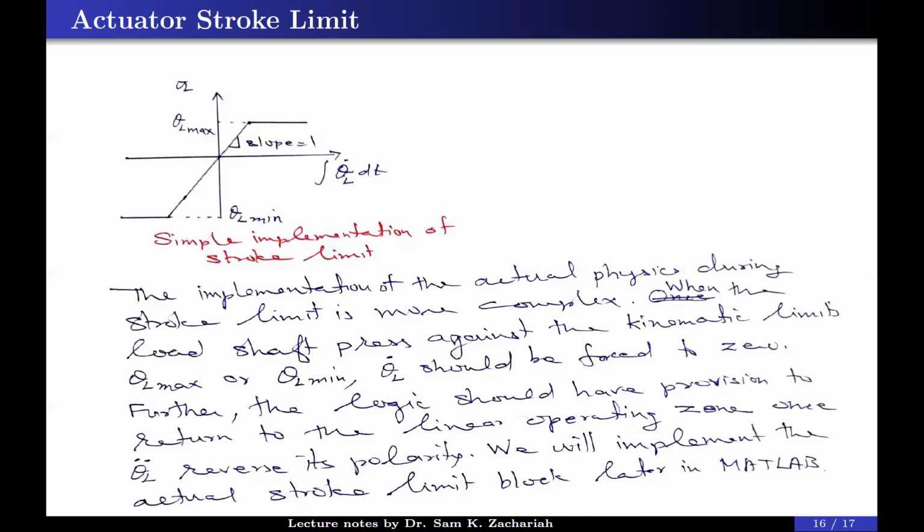So truly speaking, you should model the entire process involved in the impact, or you should understand the impact dynamics of the particular surfaces involved. That is again a lot of characterization, whether it is a perfectly elastic impact or inelastic impact, the stiffness of the contact surface, damping of the contact surface.